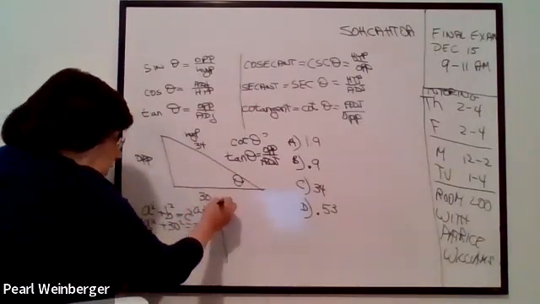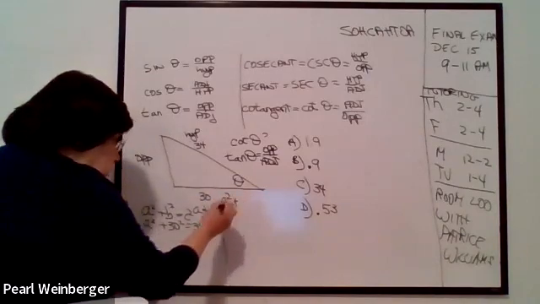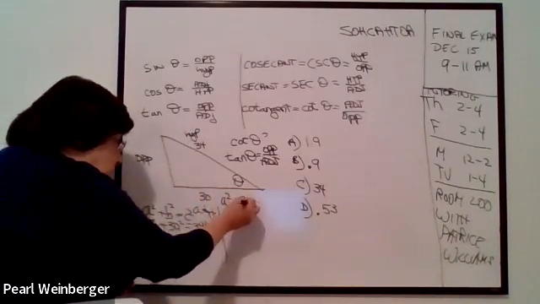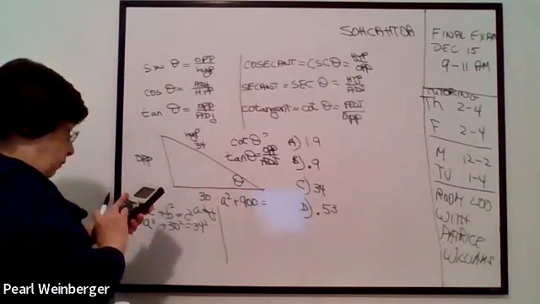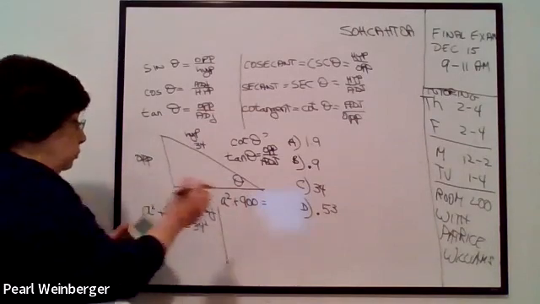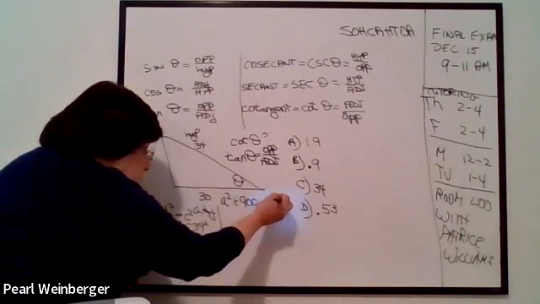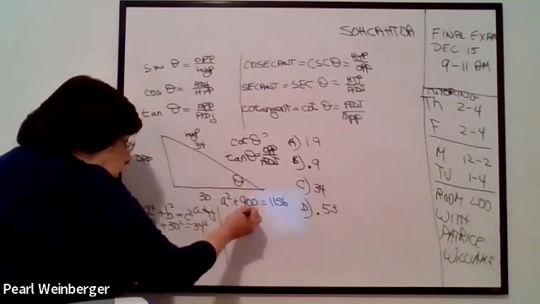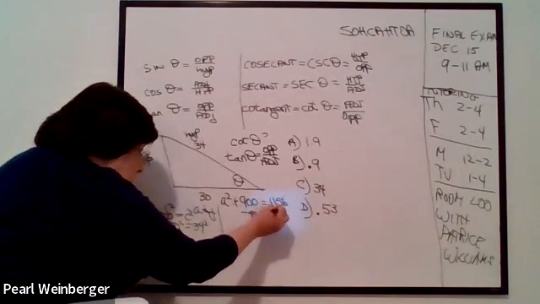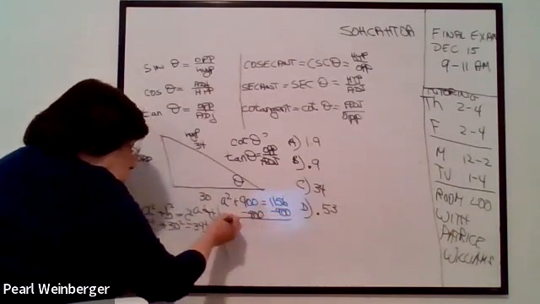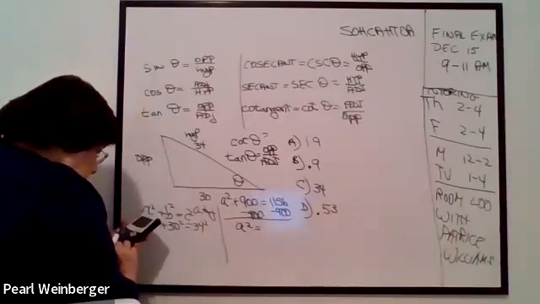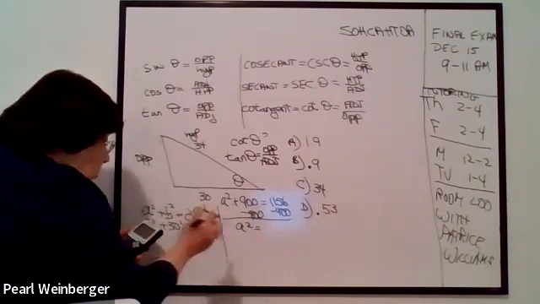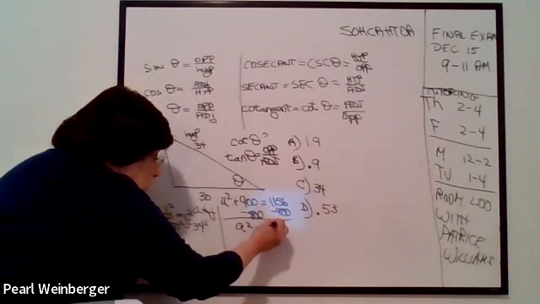So I have A squared plus 30 squared, which is 900, equals 34 squared. So 34 squared is 1,156. I'll subtract the 900 from both sides, which gives me A squared equals 256.